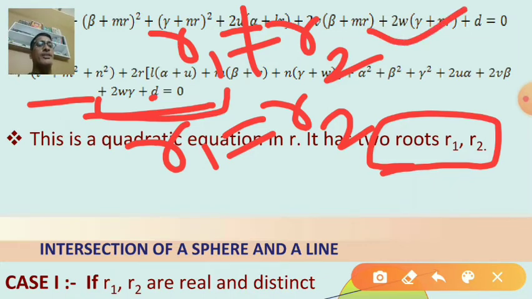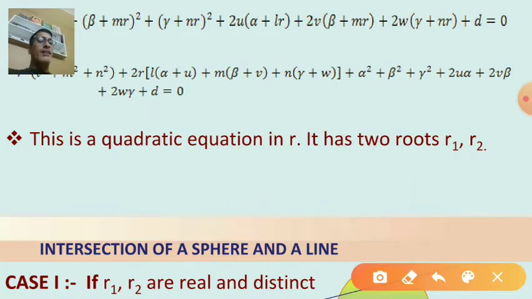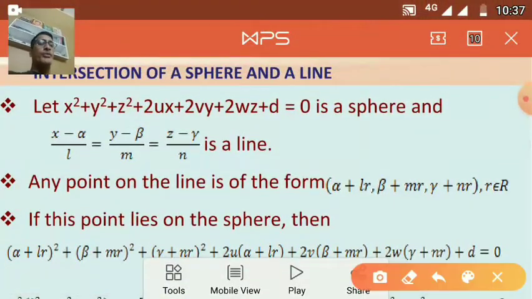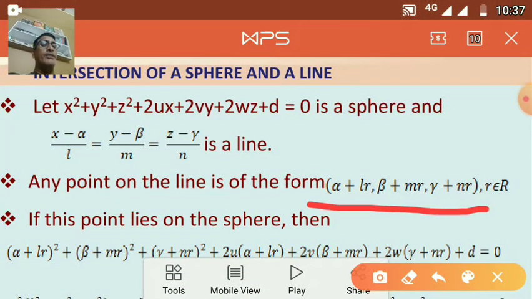As the first case, whenever r1 is not equal to r2, whenever r1, r2 are different, then we get 2 points. By substituting r1 we will get 1 point, and by substituting r2 we get another point. So whenever r1 and r2 are real and unequal, we are left with 2 points.